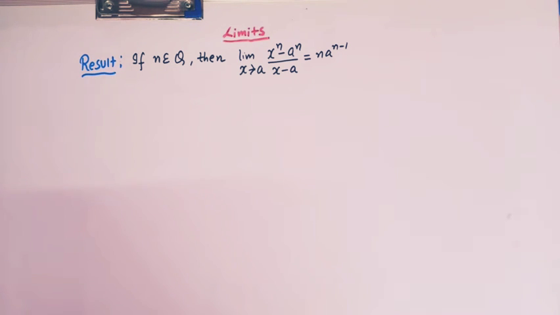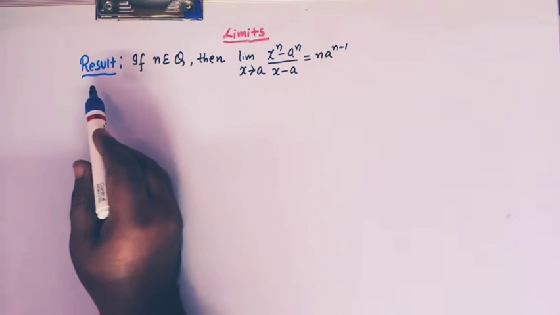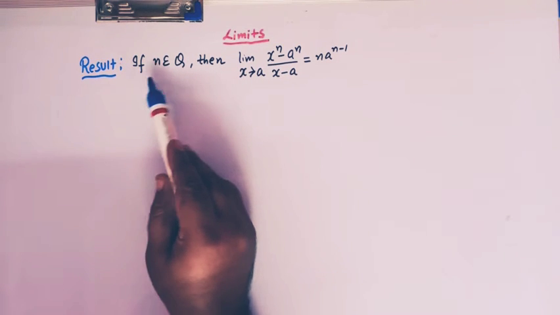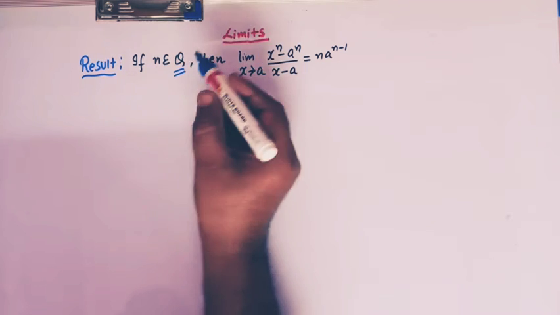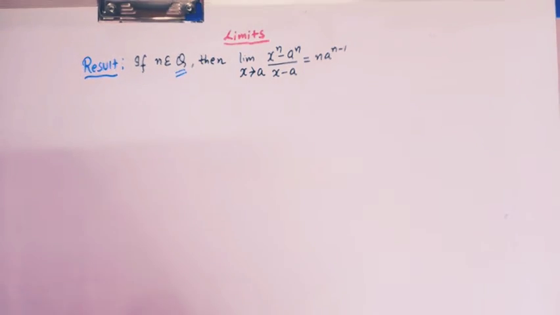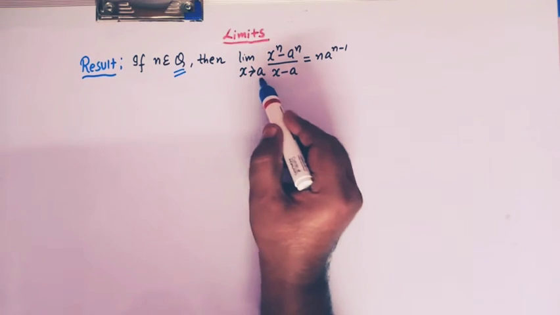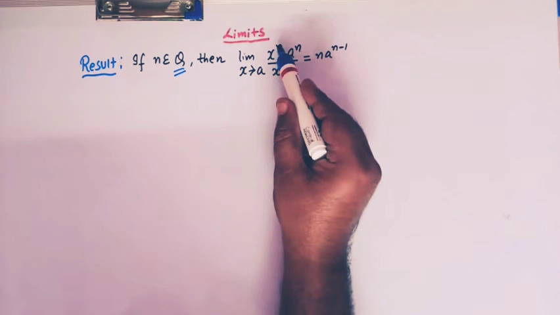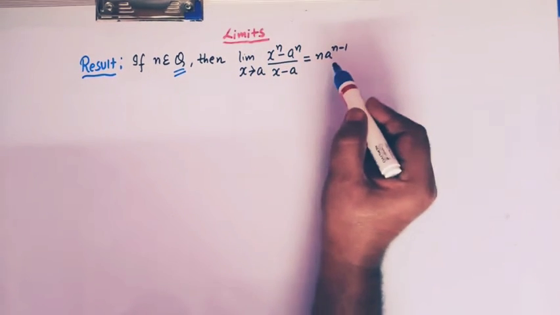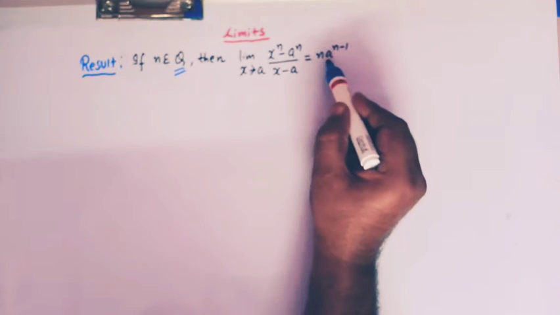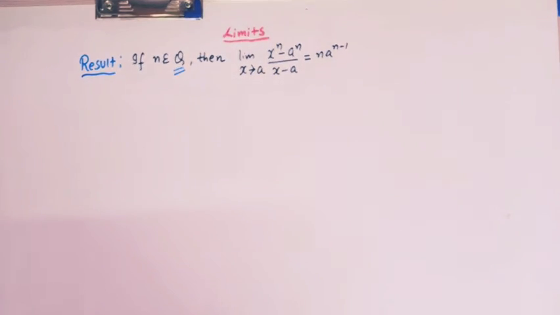In today's class we are going to solve some problems on limits using this result, which says that if n belongs to the set of rational numbers, here Q is the set of rational numbers, then the limit as x tends to a of (x raised to n minus a raised to n) divided by (x minus a) is equal to n times a raised to n minus 1.